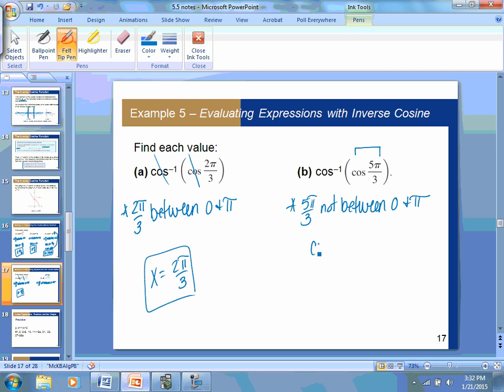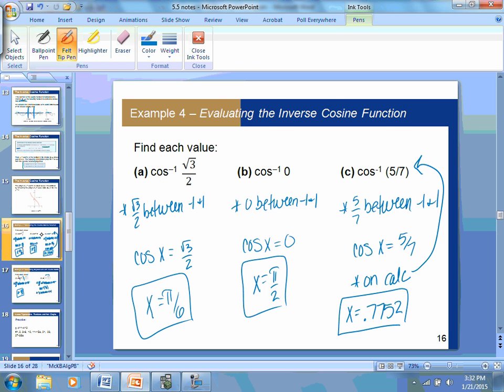So really, I'm doing the cosine to the -1 of 1/2. I'm doing inverse cosine of 1/2. Now, 1/2 is between -1 and 1.